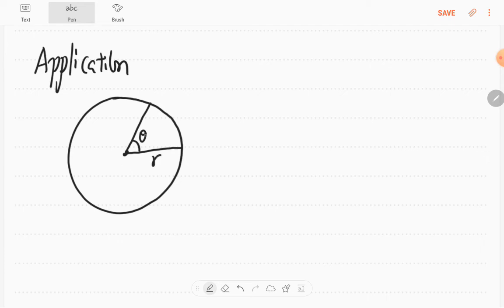If the arc length corresponding to this angle is s, we know how many radians. If s equals r, this is 1 radian, right? So how many r's in s? So we have s over r. So this means theta is equal to s over r radians, okay?